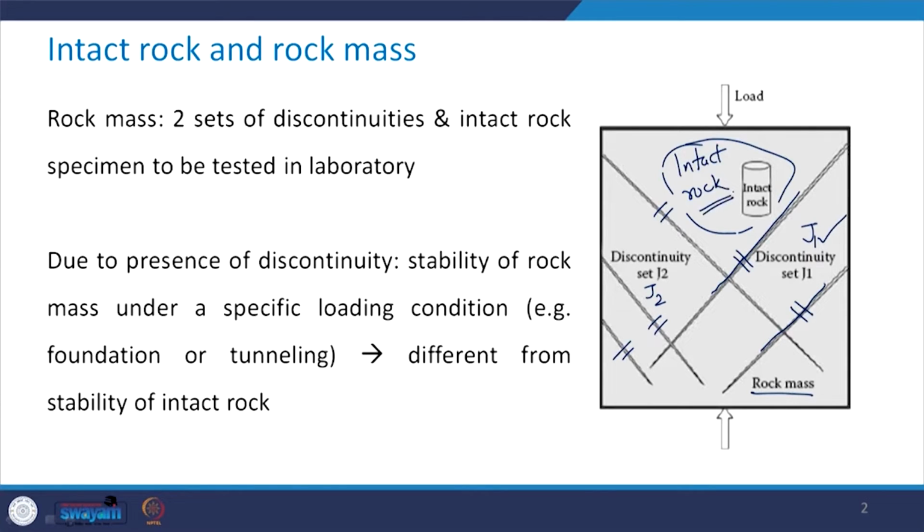So due to the presence of discontinuity, what happens to the stability of the rock mass under a specific type of loading? That loading can be because of the construction of the foundation or tunneling or any other type of structure that is going to come up. That is going to be different than the stability of the intact rock.